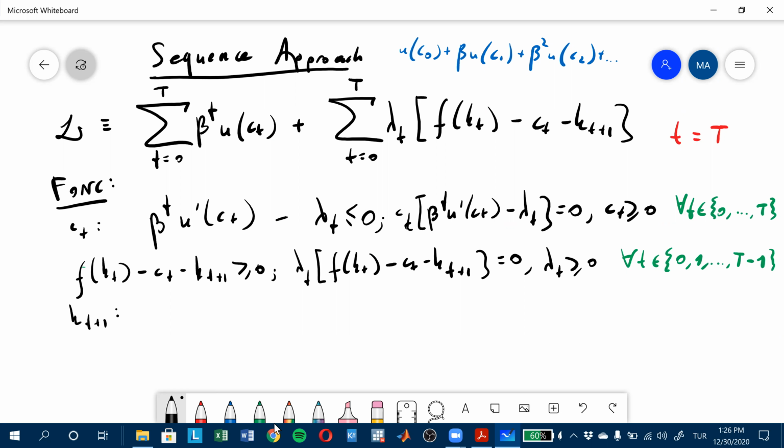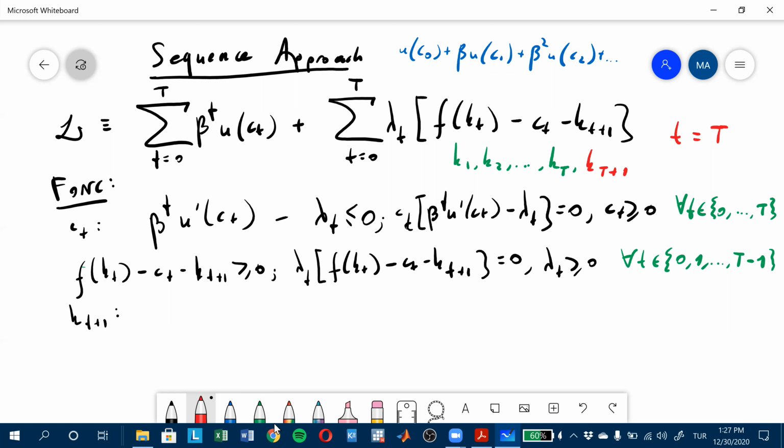Okay, so how to choose the KTs? Sorry, the KT plus 1s, because K0 is already given. So you want to take first the derivative with respect to K1. So your choice variables now are K1, K2, dot, dot, dot, KT, and finally, when t is equal to T, you're going to have KT plus 1.